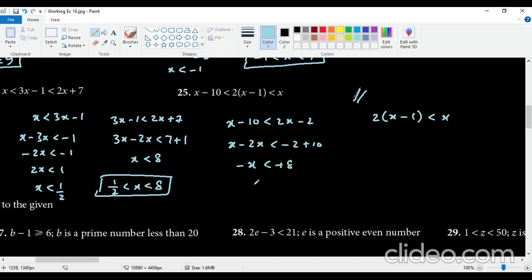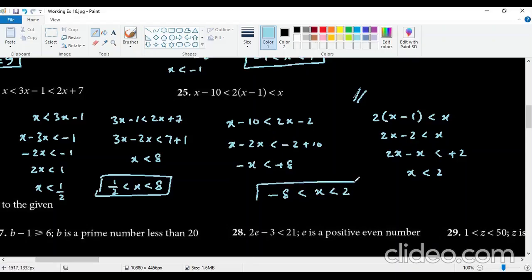So what we can say, how I will write, first of all, I'll solve this. 2x minus 2 less than x, that means 2x minus x less than plus 2, that means x is less than 2. And how will we write the answer? I will write minus 8 less than x, and x is less than 2. So this is going to be your final answer for question number 25. We are moving to 26.